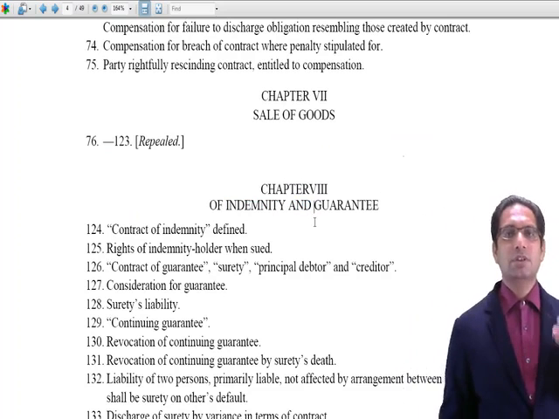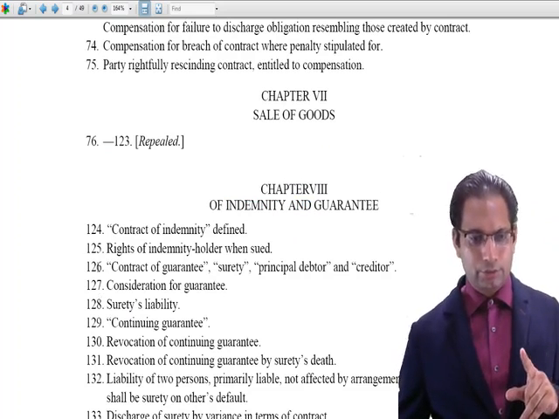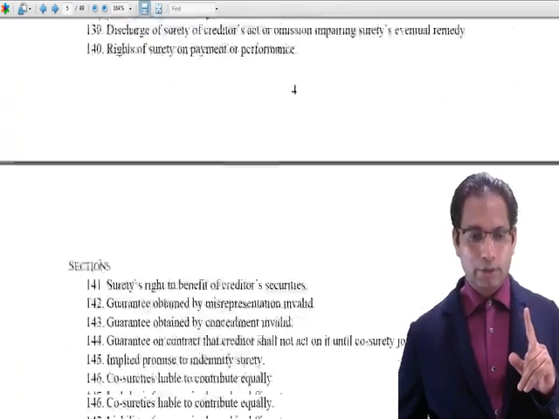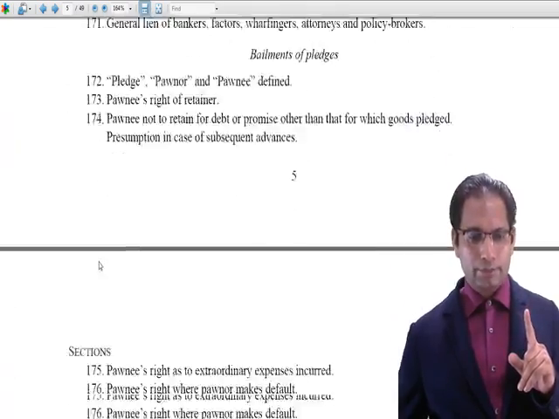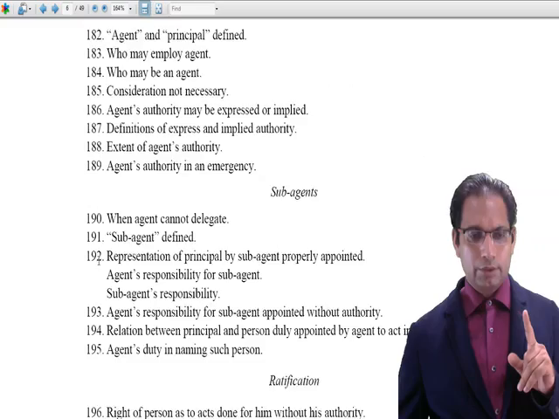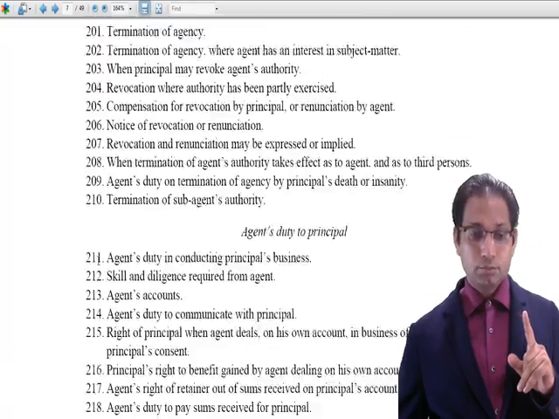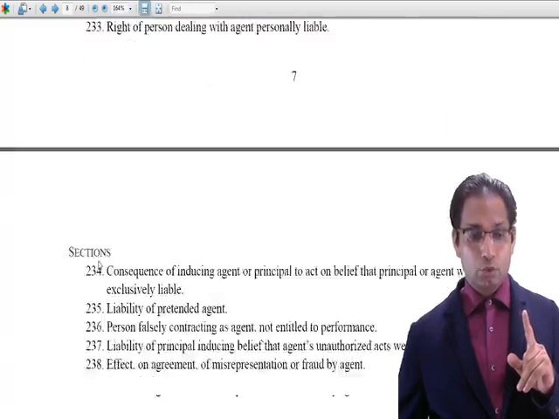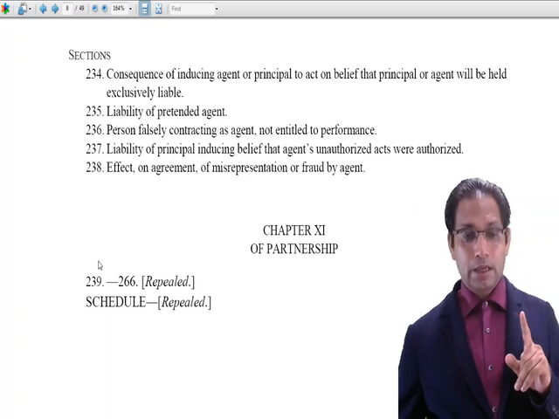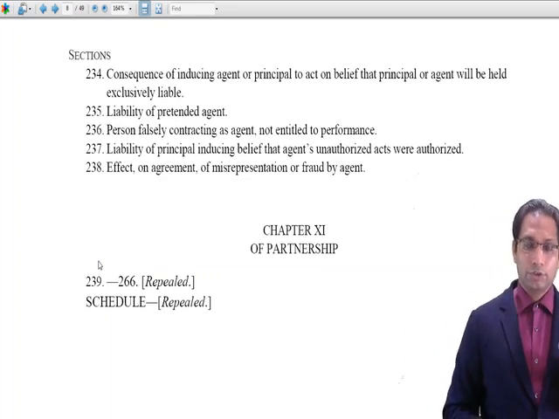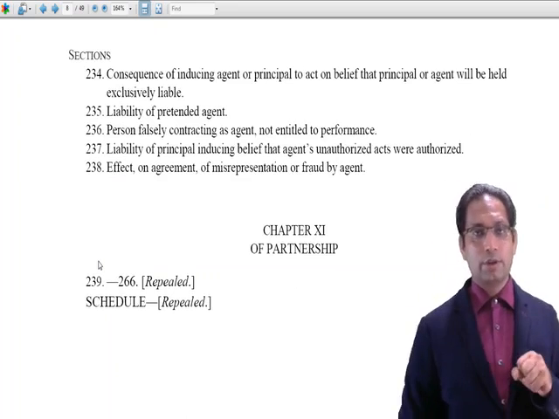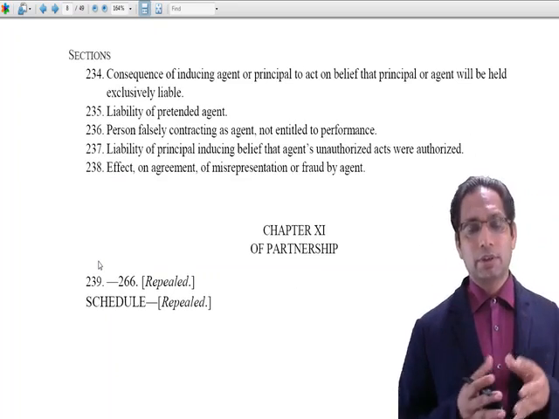So these are special types of contracts. Section 124 onwards, and it will go all the way, class, to section 238. Section 124 to section 238 is all special types of contracts.